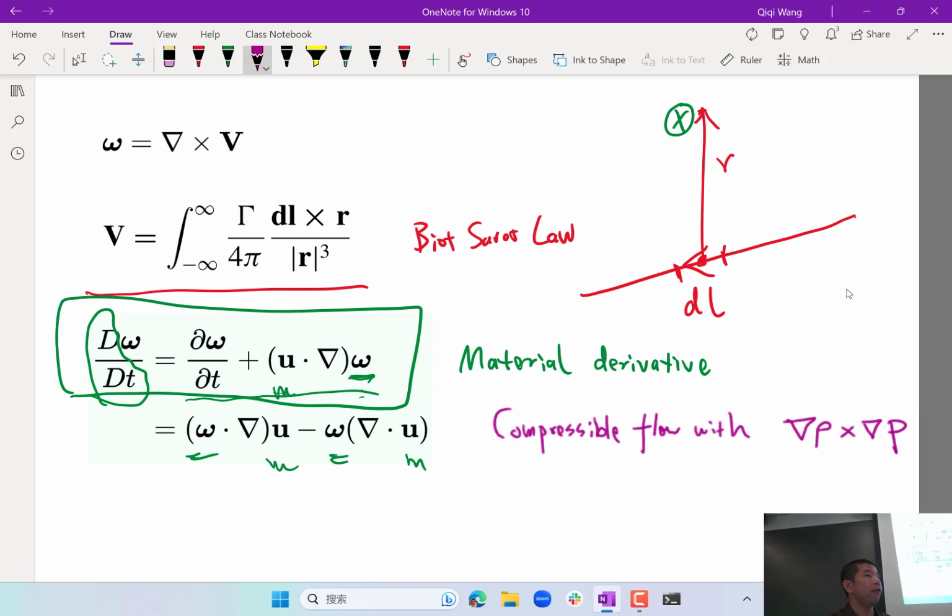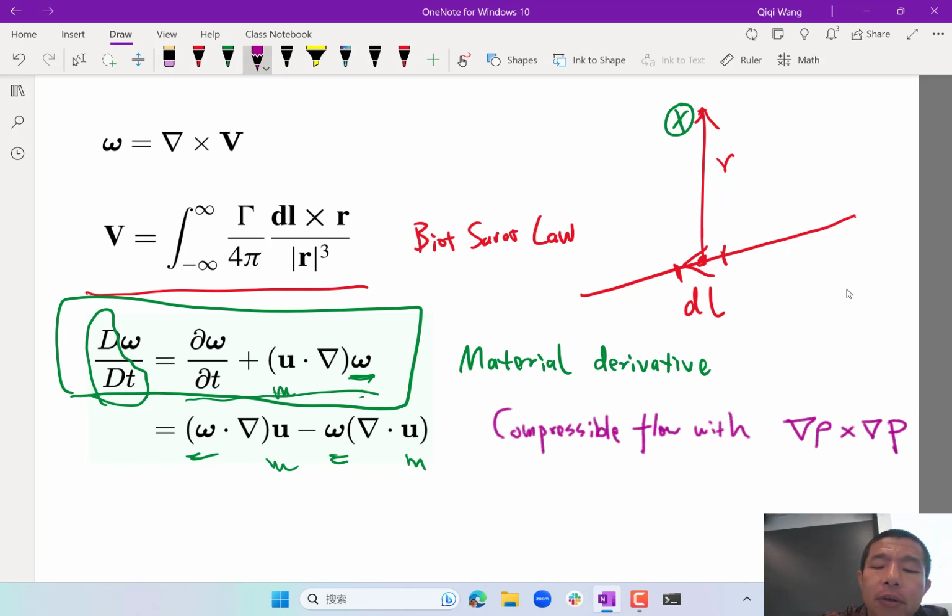For example, if the density is a function of the pressure, right? That's actually pretty general in different scenarios. For example, if temperature is constant, then density is going to be a function of pressure. Or in isentropic flow, density is also a function of pressure. So that is actually true for most of the aerodynamic scenarios we're going to study.